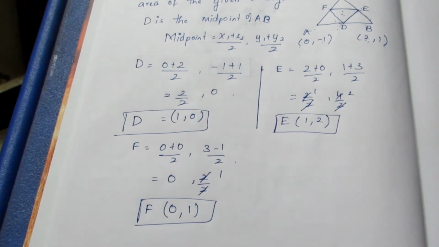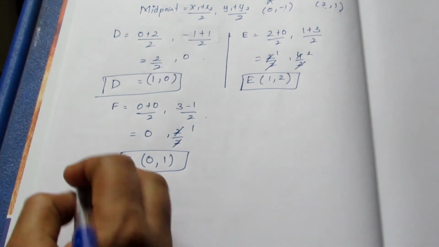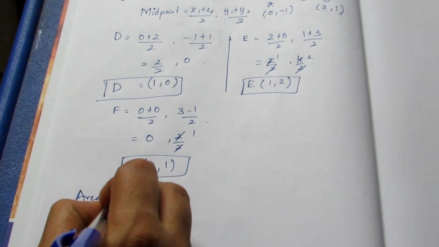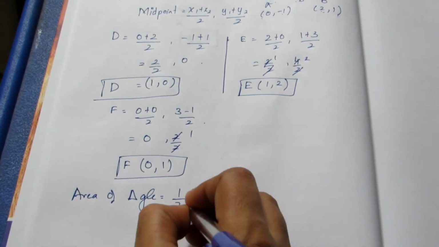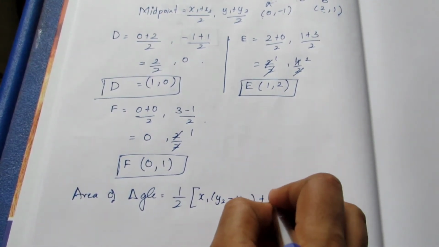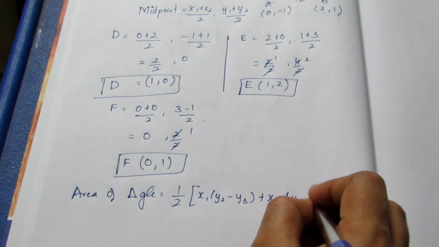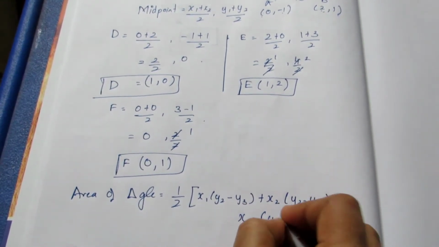We need to find the area of DEF as well as the area of ABC. Now write the area formula: half into x1 (y2 minus y3) plus x2 (y3 minus y1) plus x3 (y1 minus y2).